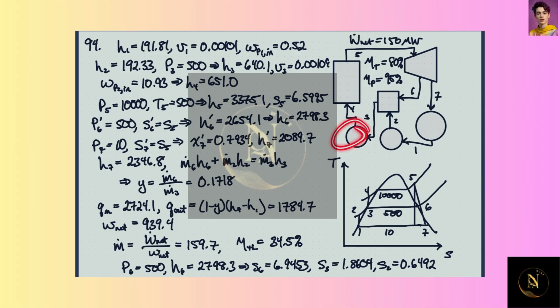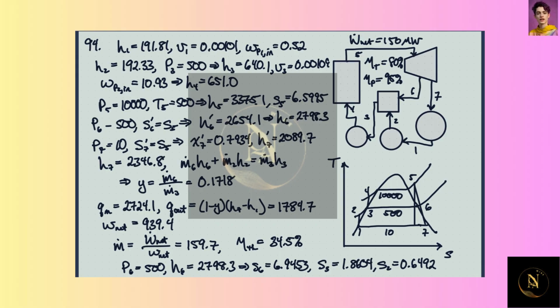Again, as always, we're assuming all this stuff is adiabatic except for the stuff where we actually want heat transfer. So we know P5 and T5, so we can get H5 and S5. We know S6 prime is S5, so the isentropic case. We know P6, and really whether there's a prime on there or not is irrelevant.